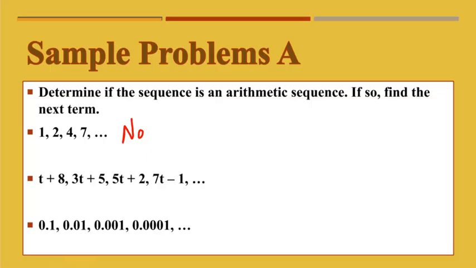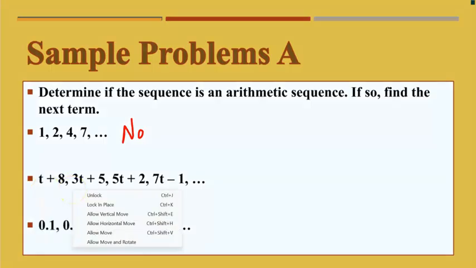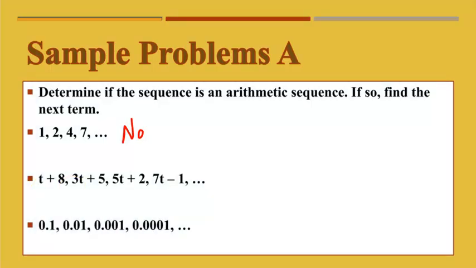This next one, I have t plus 8, and 3t plus 5, and then 5t plus 2, 7t minus 1. So if you look at the t's, they're increasing by 2 every time.